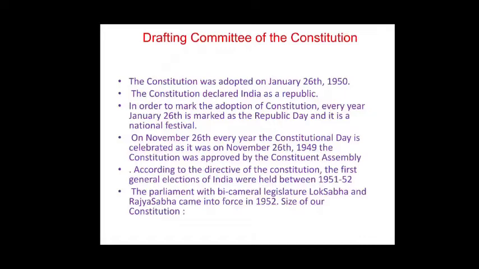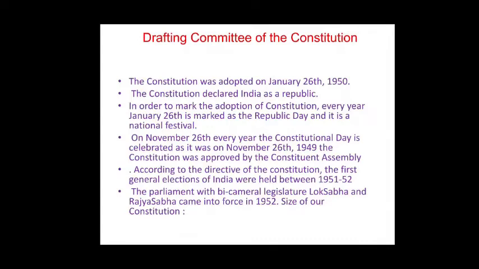The first session was held on 9th December 1946 and the second meeting on 11th December 1946. The Constituent Assembly formed a total of 22 committees and 5 subcommittees to examine in detail.